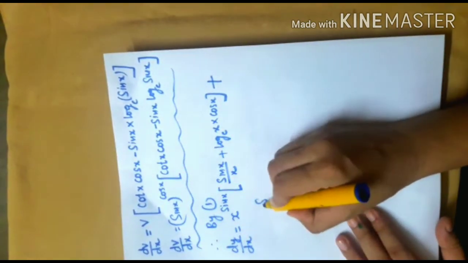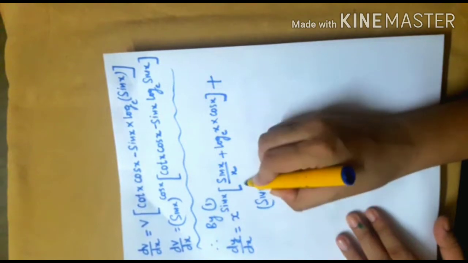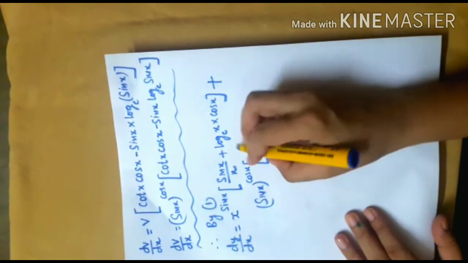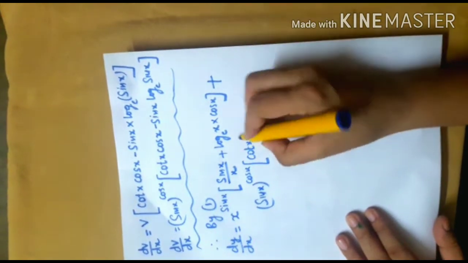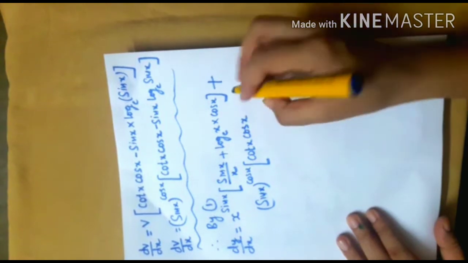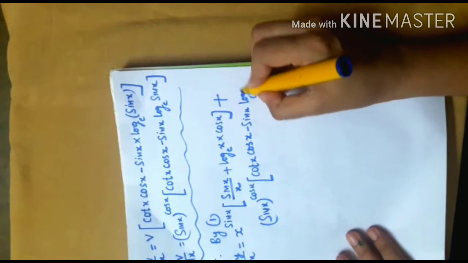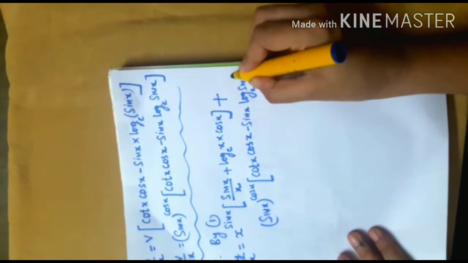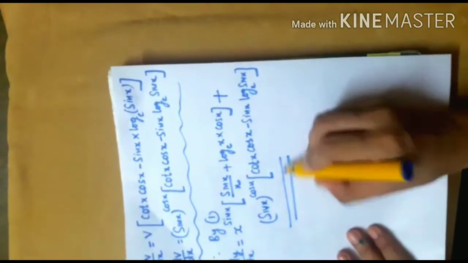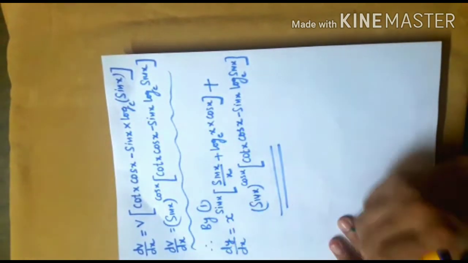So it will be sin x raised to the power cos x cot x into cos x minus sin x into log sin x. So this is dy by dx.